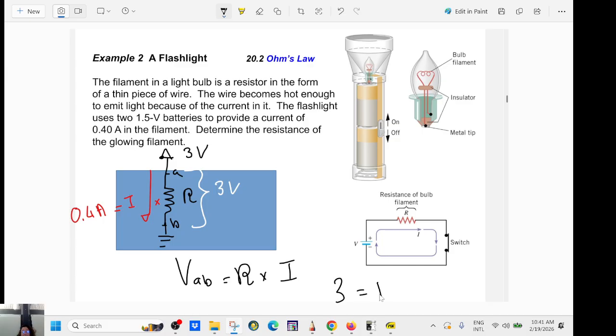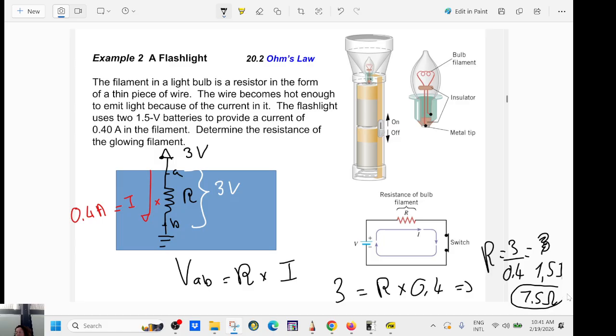So 3 equals R times 0.4. So the resistance will be 3 divided by 0.4, which is 7.5. It has to be more than 3 because you divide by something smaller than 1. So 7.5 ohms.